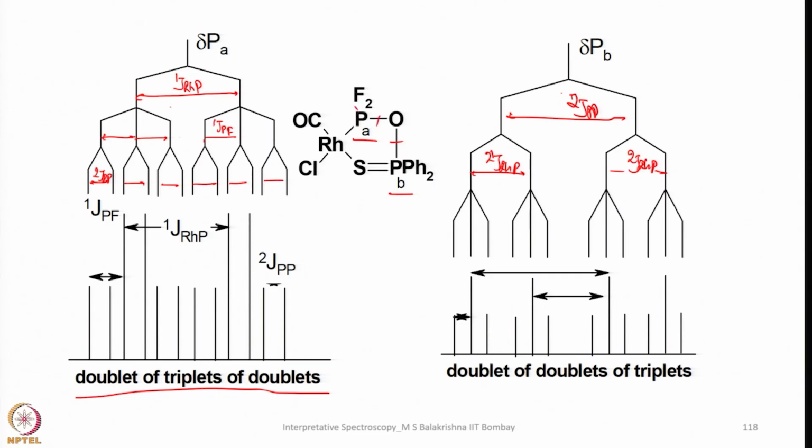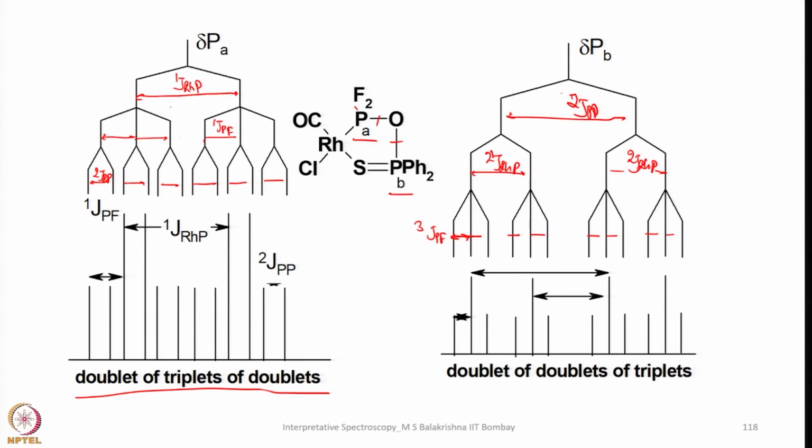So, they are also likely to show some long range, three bond coupling. Each line here will be split into a triplet due to the presence of two equivalent fluorine atoms. This spacing here is the 3J PF coupling. So, that means what we have is a doublet of doublets of triplets, and this is how the spectrum would look.